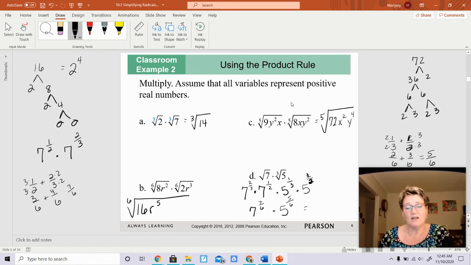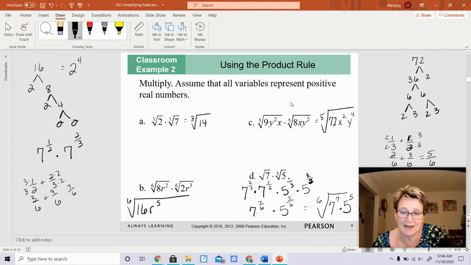And you guys, all that this does for me is it's going to be the 6th root of 7 to the 7th power times 5 to the 5th power. And by the way, I could take out a 7. So that could also equal 7 times the 6th root of 7 times 5 to the 5th power.